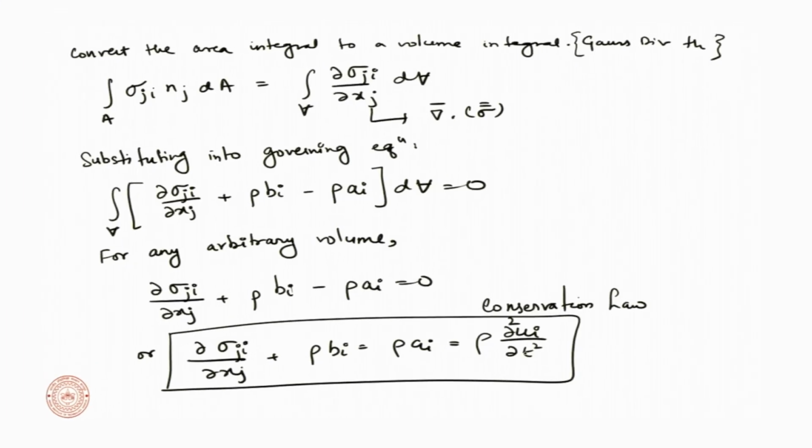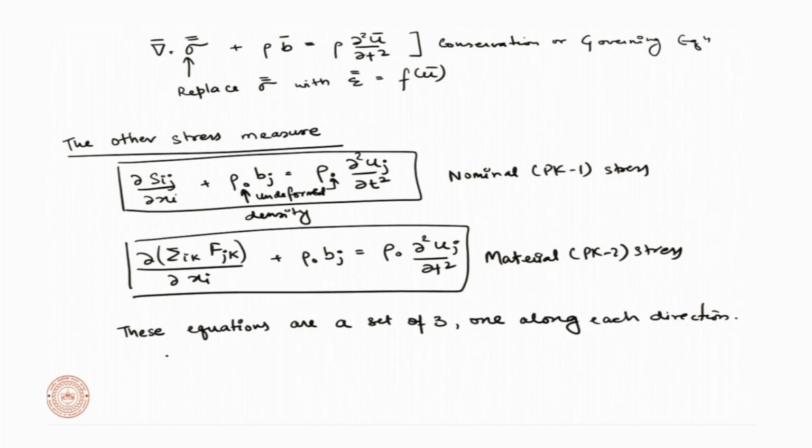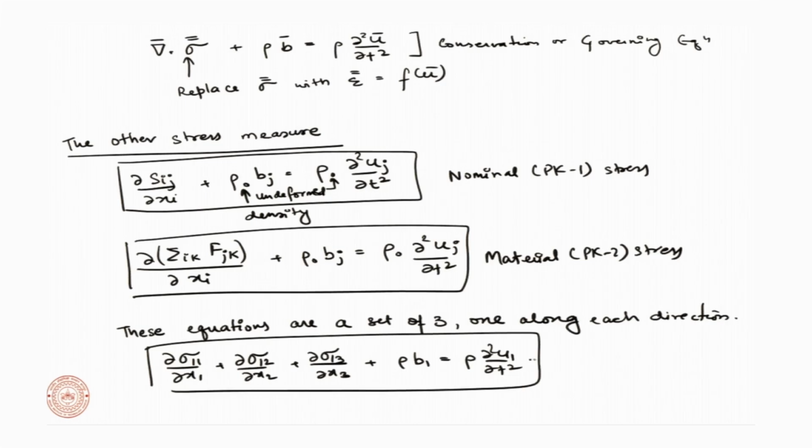So you can have these equations in all 3 directions. So let me just write in one direction, for example, in this one. So del sigma by del x1, okay. So this is along the E1 direction.